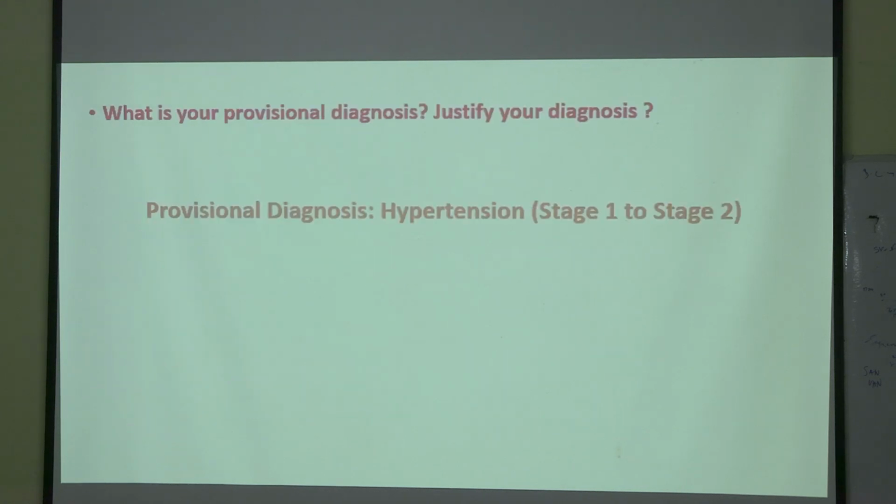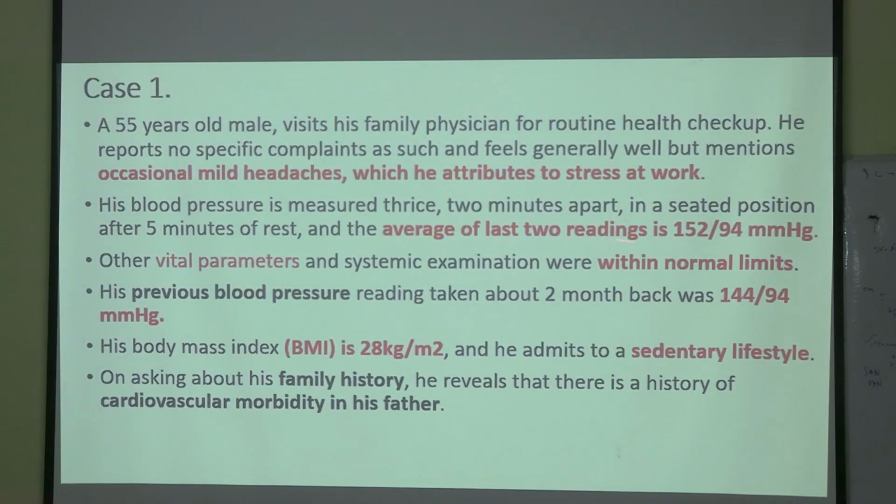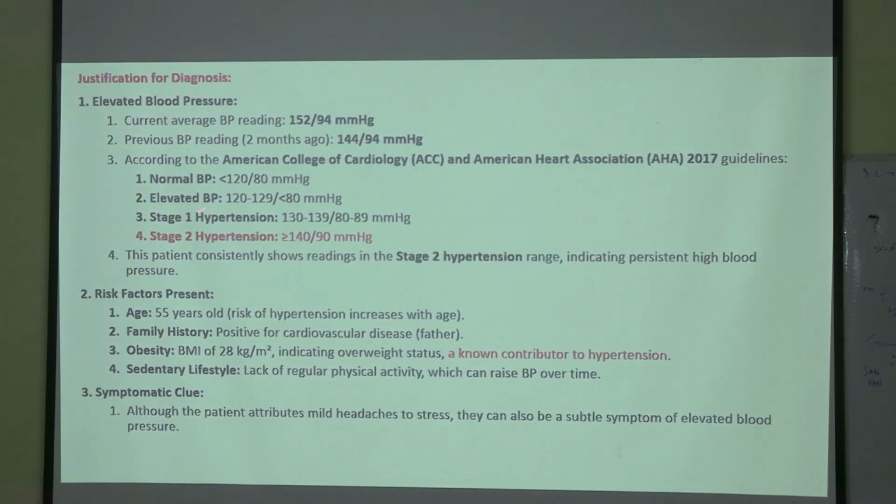Because if you see his blood pressure value at present, it is around this, and even the value that was measured 2 months back was also more than that reference value, right? So the person falls under this category. Now this is our first justification for the diagnosis. It indicates persistent high blood pressure, which means the subject is under the category of stage 2 hypertension.